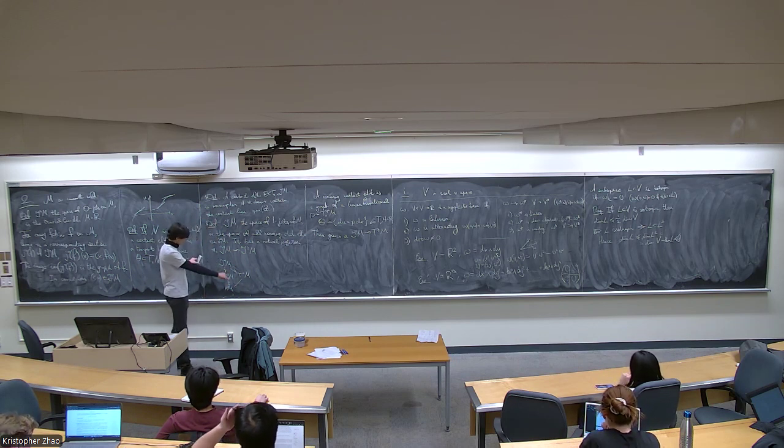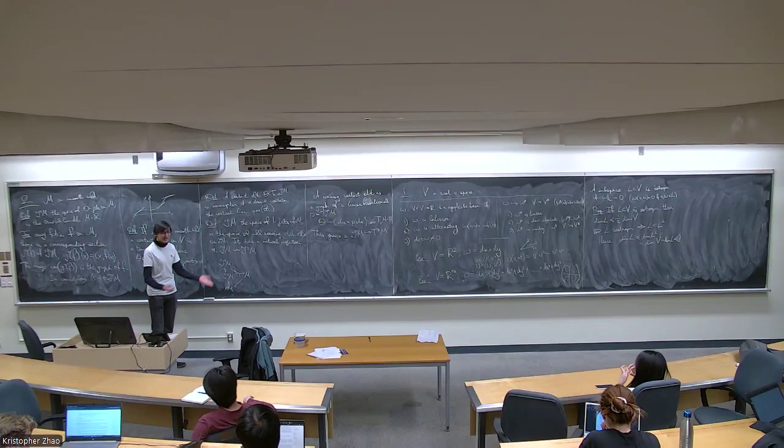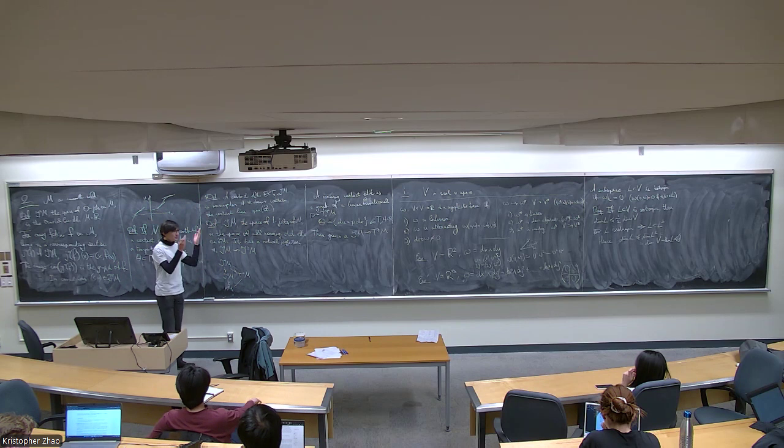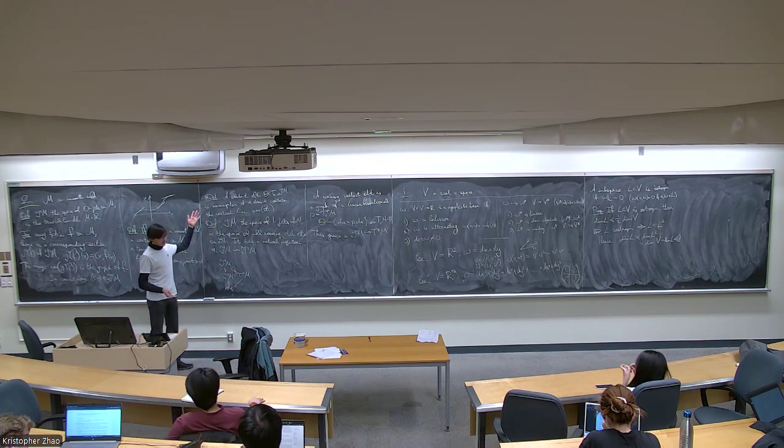This tower suggests that you can extend this further. I'm only talking about one jet here, but you can define further jets, and you can define infinity jets as the projective limit of this tower.